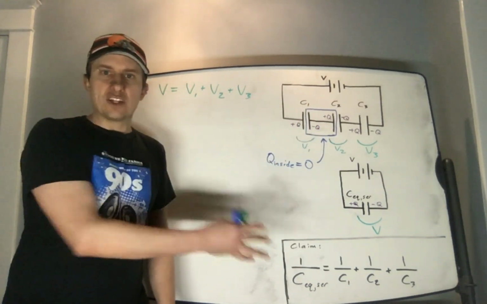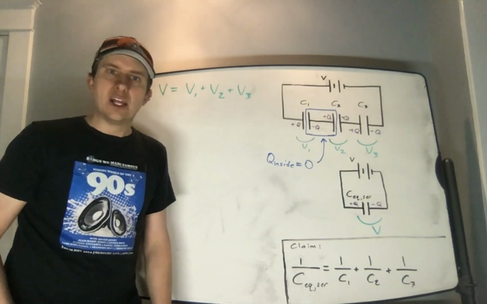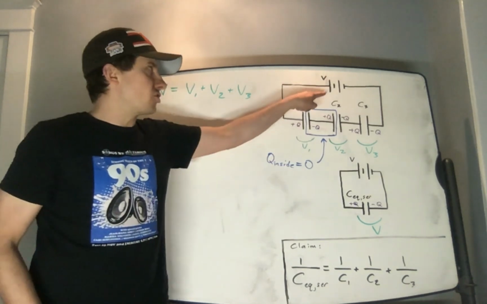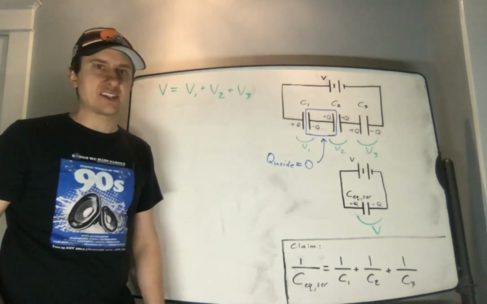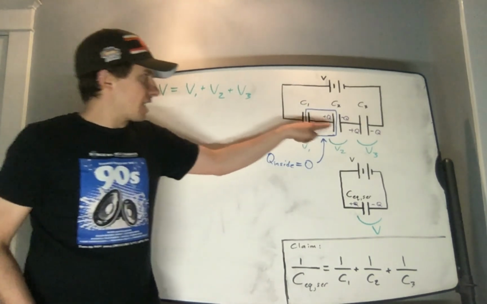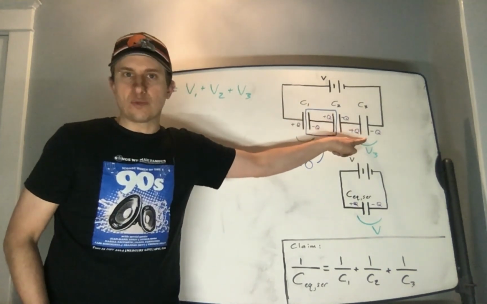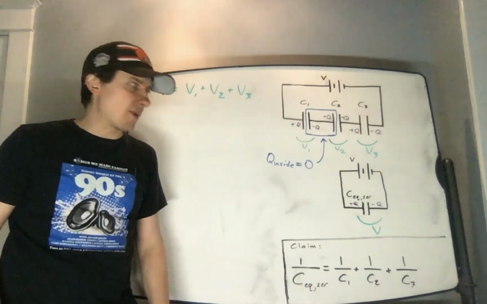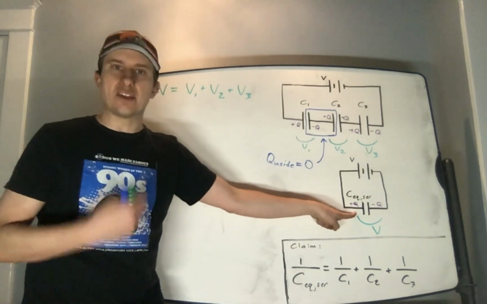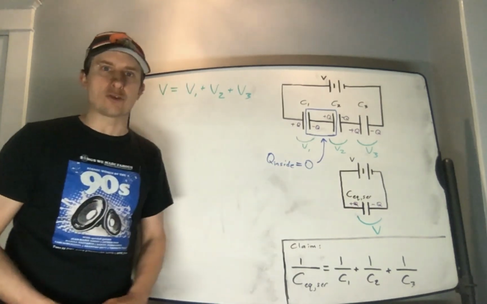Because the behavior of these two circuits must be identical, in other words, how much charge evacuates the battery to accumulate on the capacitor plates, the amount of charge that accumulates on the three capacitor plates in these capacitors in series must be equal to the amount of charge that accumulates on the equivalent capacitor in this circuit.